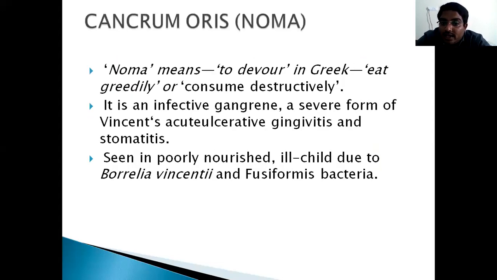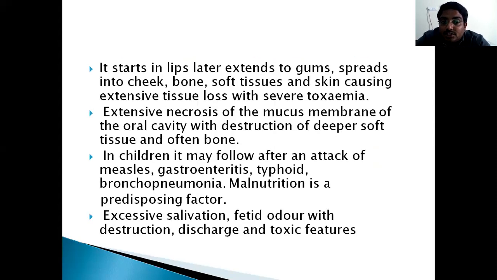It is an infective gangrene and a severe form of Vincent's acute ulcerative gingivitis and stomatitis, seen in poorly nourished, ill children due to Borrelia vincenti and fusiformis bacteria. It starts in the lips, later extends to the gums, and spreads into the cheek, bone, soft tissue, and skin, causing extensive tissue loss with severe toxemia. There is extensive necrosis of the mucous membrane of the oral cavity with destruction of the deeper soft tissue and often bone.